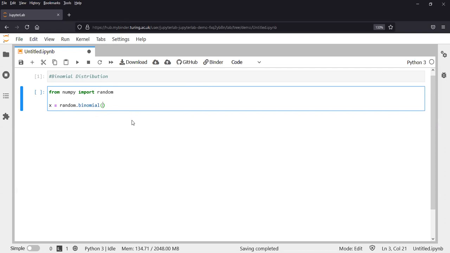So it's a binomial method, and we can type n is 10, p is 0.5, size is 10. The n is the number of trials, and p is the probability.